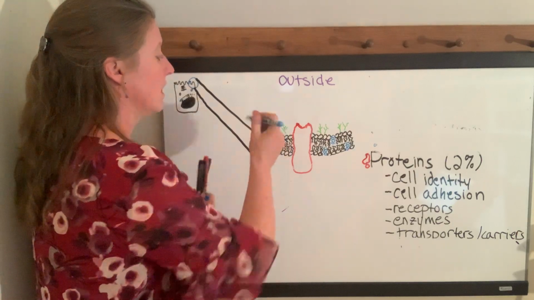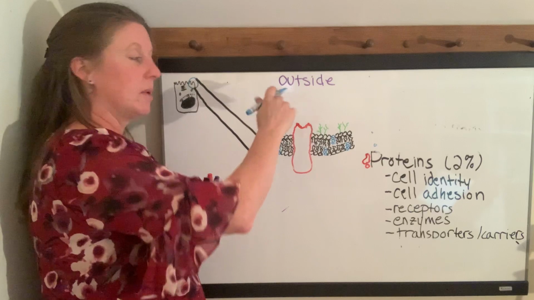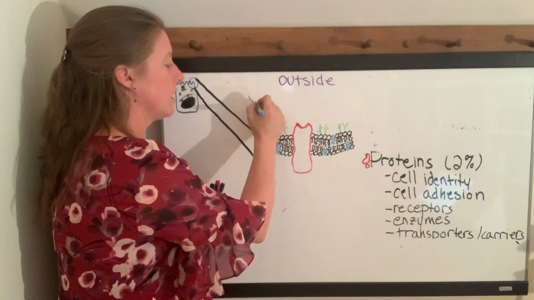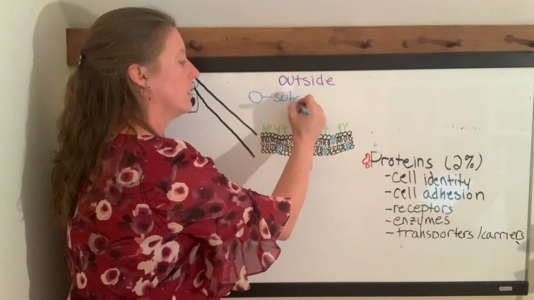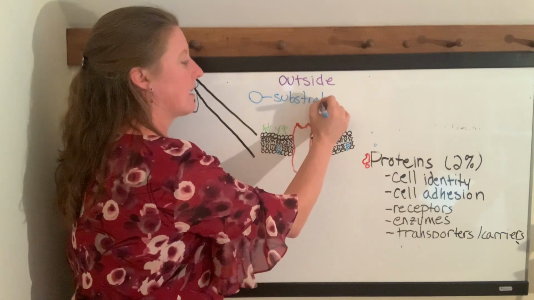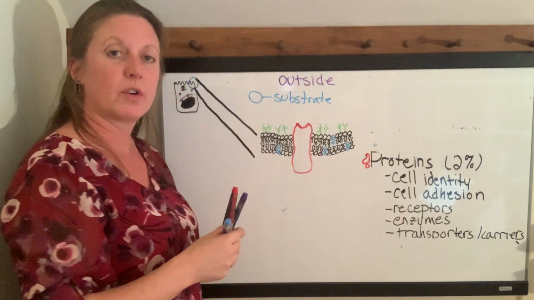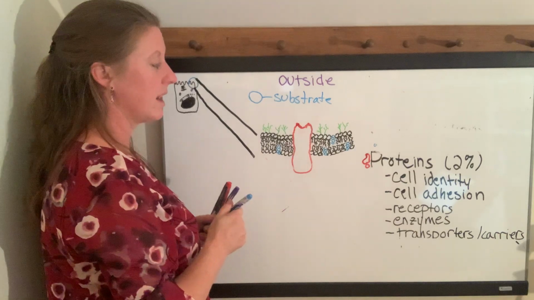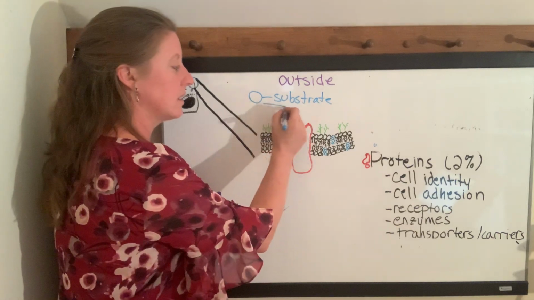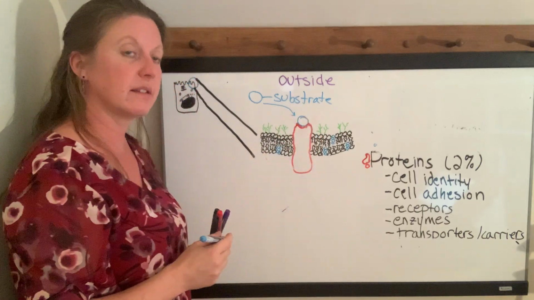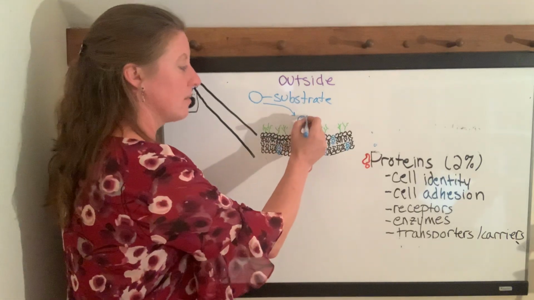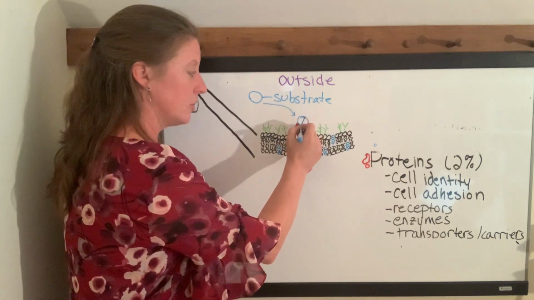Every enzyme is. So floating along in the small intestine comes a substrate. Let's say it's a disaccharide that needs to be converted into monosaccharides. So this substrate will bind to the enzyme, and the enzyme will cut it in two.